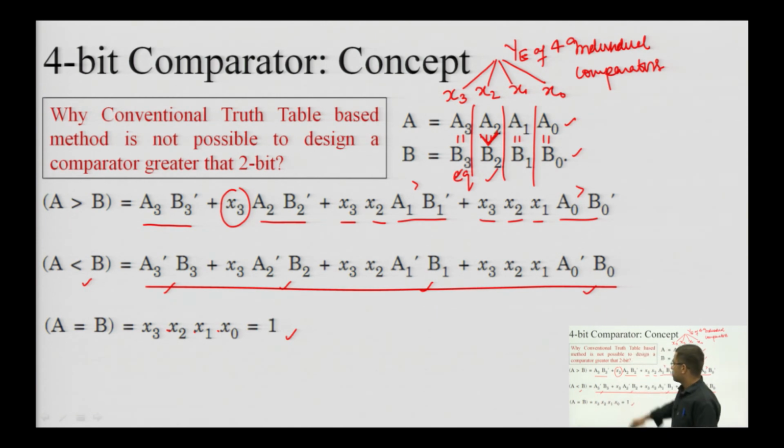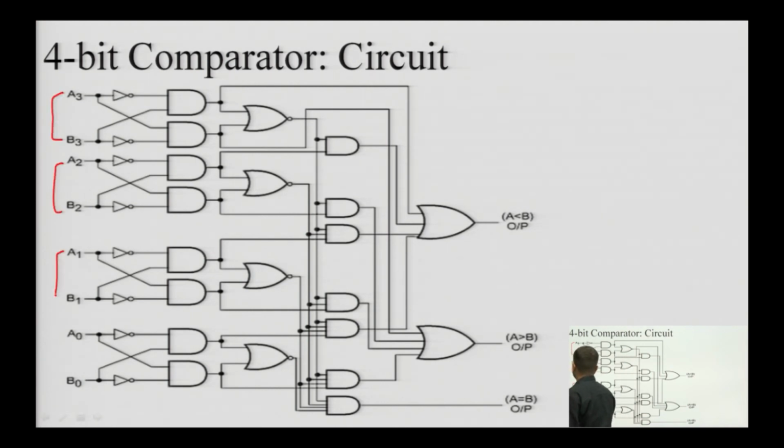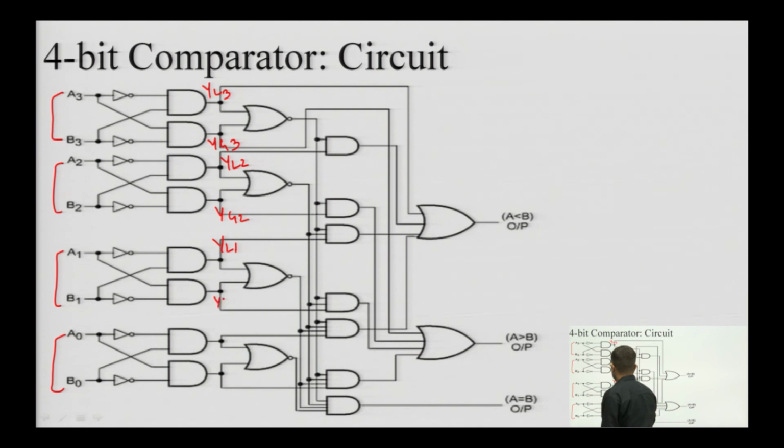If these expressions are converted into a circuit, then this is the first 1-bit comparator module for A3 B3, A2 B2, A1 B1 and A0 B0. So, this is YL3, this is YG3, similarly YL2, YG2, YL1, YG1, YL0, YG0.